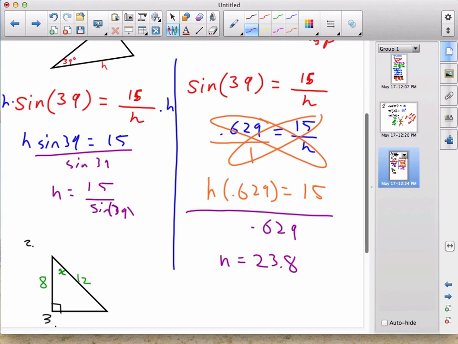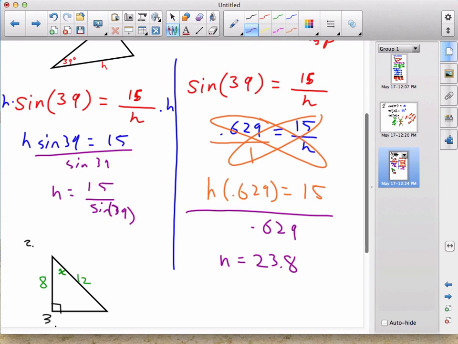Right. And the algebra practice, this ability to manipulate symbols and solve, is a critical skill. Very important. But you can use solve if you want to double check, that's fine. But I will be looking to see that you know how to solve for the missing variable. Wait, could you just say h times sine 39 equals 15 and solve it from there?